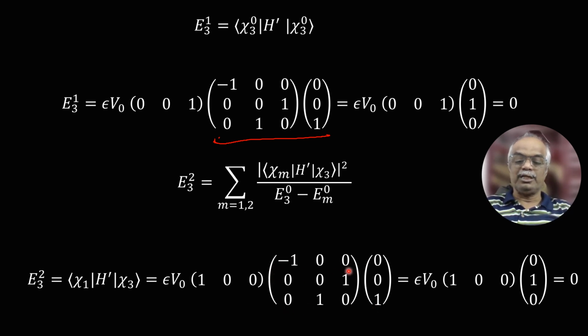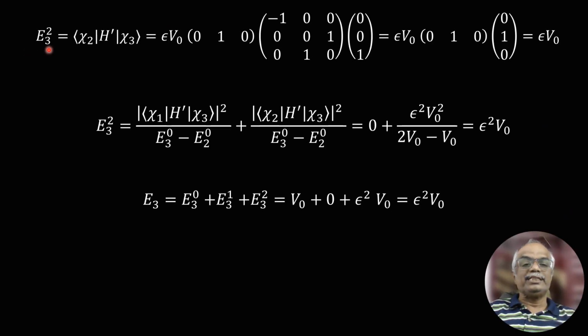First row with this column naturally is 0. Second row with this column will be 1, and third row with this column is naturally 0. Then you multiply this with 1 0 0, naturally you will get 0. That means there is no second order correction. So the first order correction is also 0 as we have seen, and the second order correction is also 0. We will go for the next energy state.